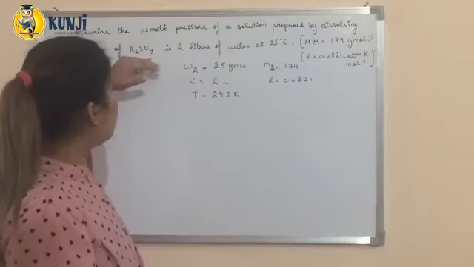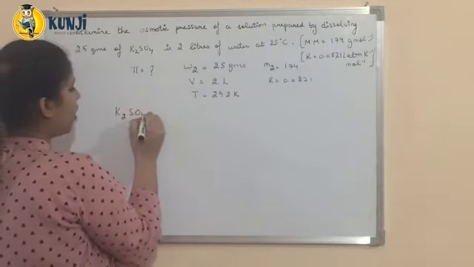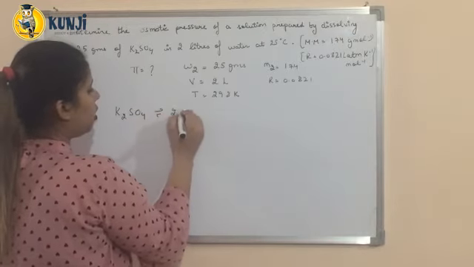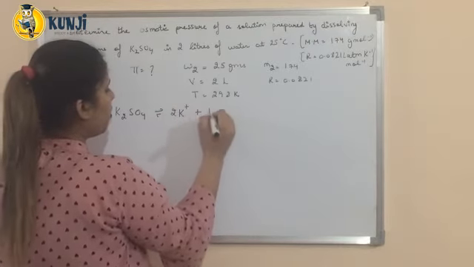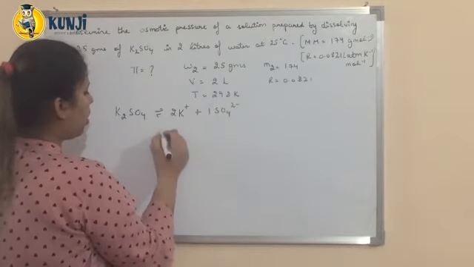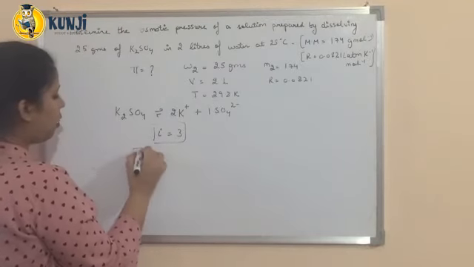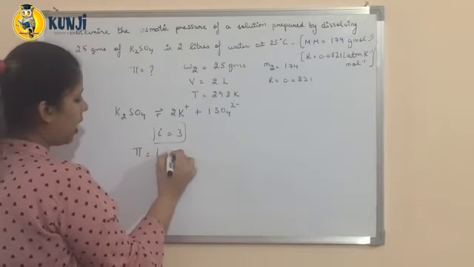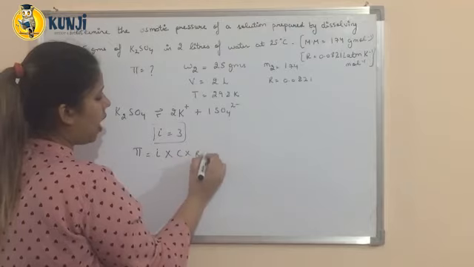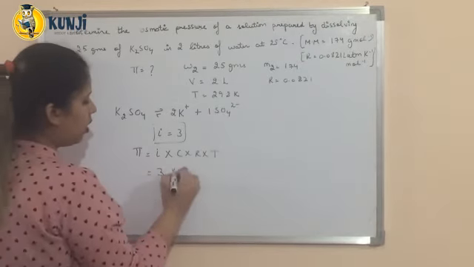The solute given is K2SO4, and we know very well that K2SO4 can dissociate into 2K positive plus 1 SO4 2 negative. So the total number of particles comes out to be 3. Now the formula will be pi is equal to i into C into R into T. Now i is 3.